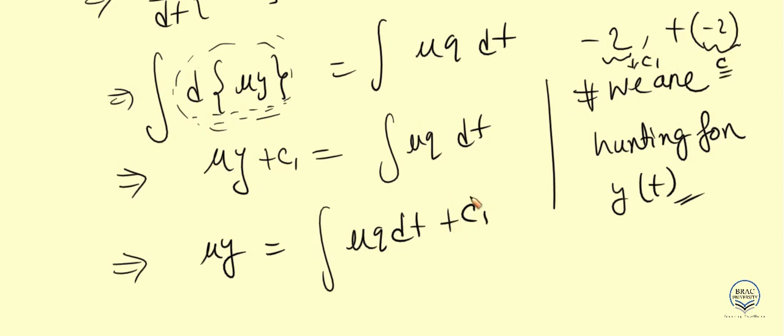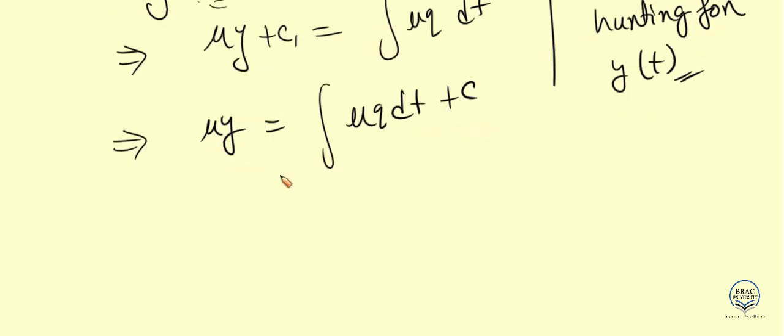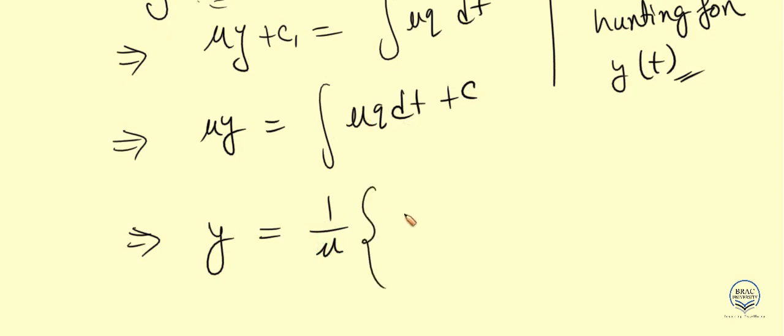So let me just put a plus over here and get rid of this 1, and you can see that we are almost done. You just divide by mu, 1 by mu over here, that is dividing by mu on both sides of this part, and finally you will have this mu q dt plus c.